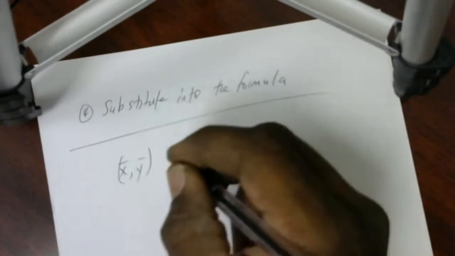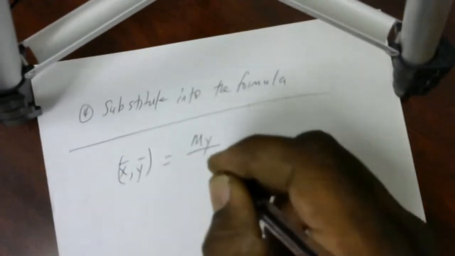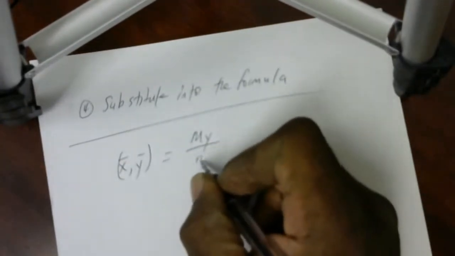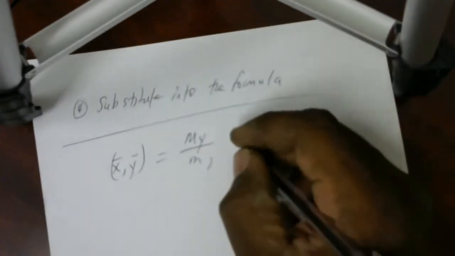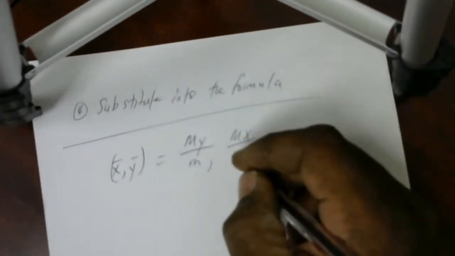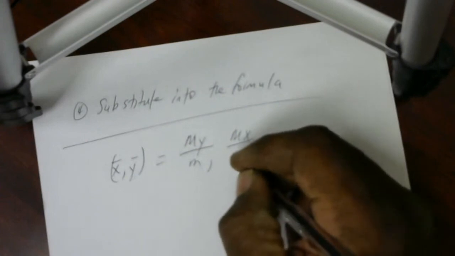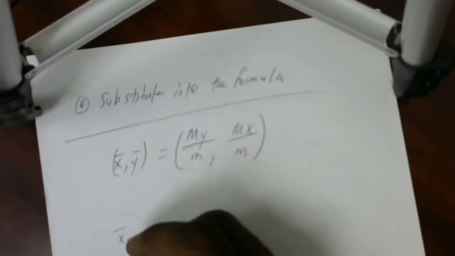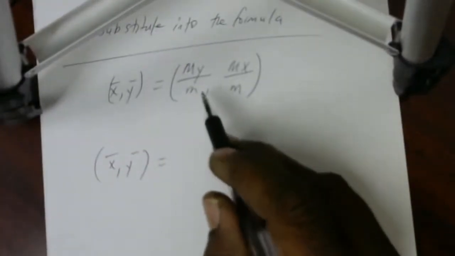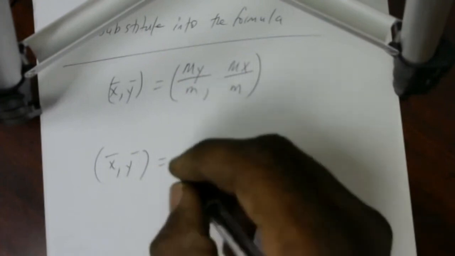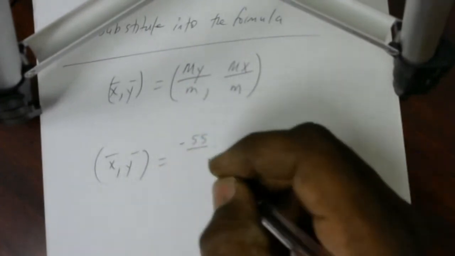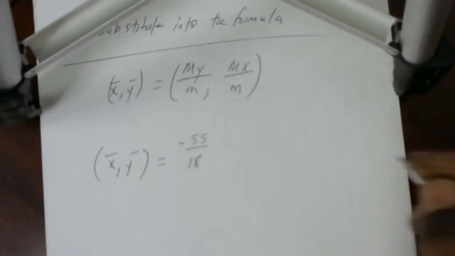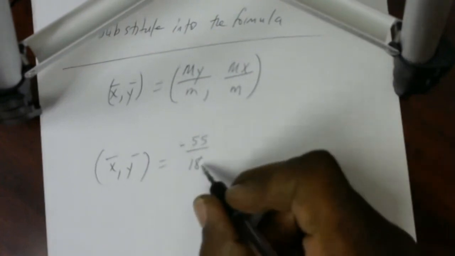X bar, y bar is equal to the moment about y divided by m, comma, the moment about x divided by m. Okay, so I'll just substitute in those values. The moment for y was -55 divided by the mass of the system, which is 18.